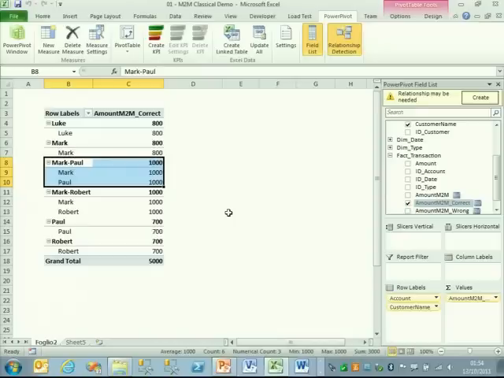Mark is a customer. Paul is a customer. 1,000 is in charge of Paul and Mark. But the sum of both is still 1,000, because many-to-many, of course, is a non-additive measure. Thus, our goal is that of writing this amount M2M corrected and understanding how it works.